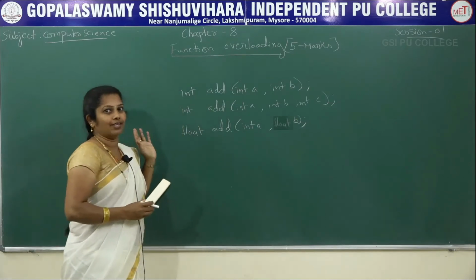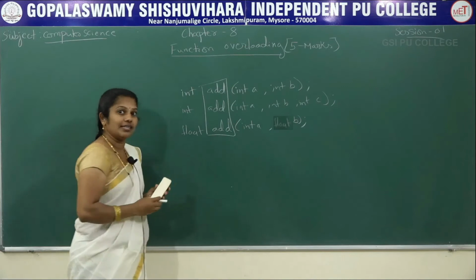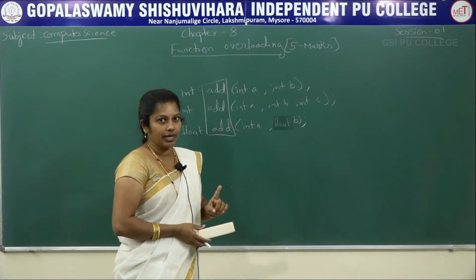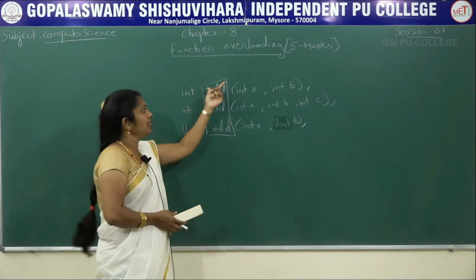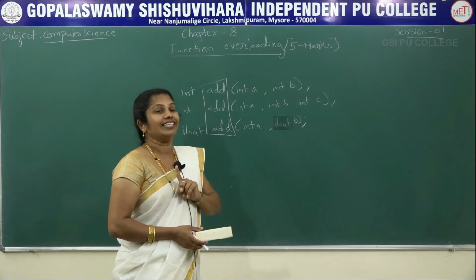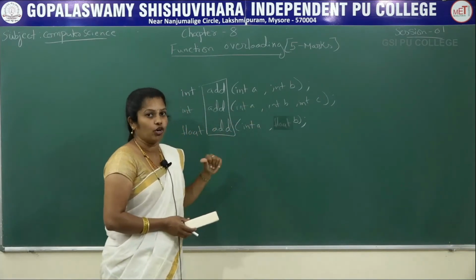Then what is the main difference here? In all the 3 cases, the function name is the same, that is add only. Function overloading means 2 or more functions have the same name but differ in the number of arguments or the data type of the arguments.